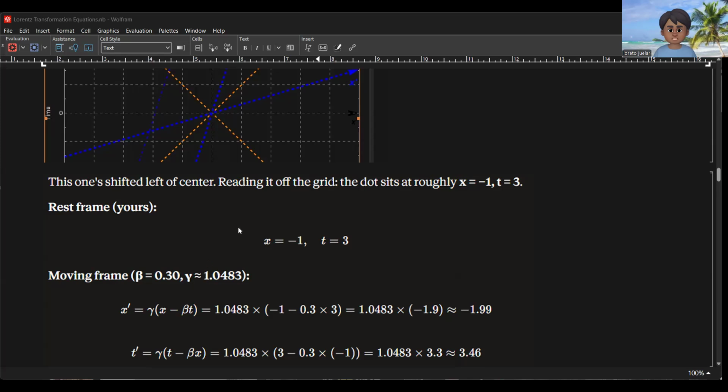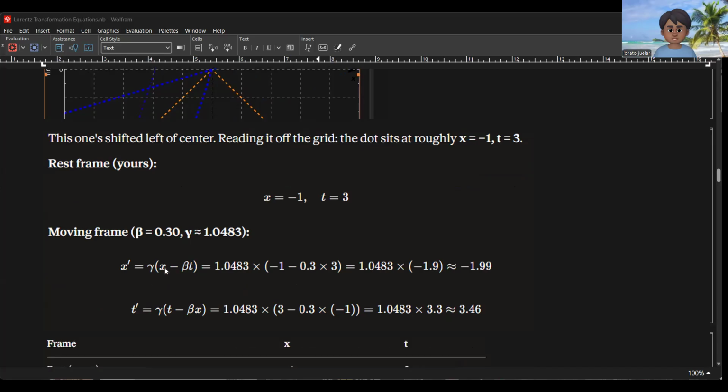So the Lorentz factor is equal to 1 over the square root of 1 minus 0.3 squared. So that is equal to 1.0483. So for the moving frame, we have beta equal to 0.3 and the Lorentz factor equal to 1.0483.